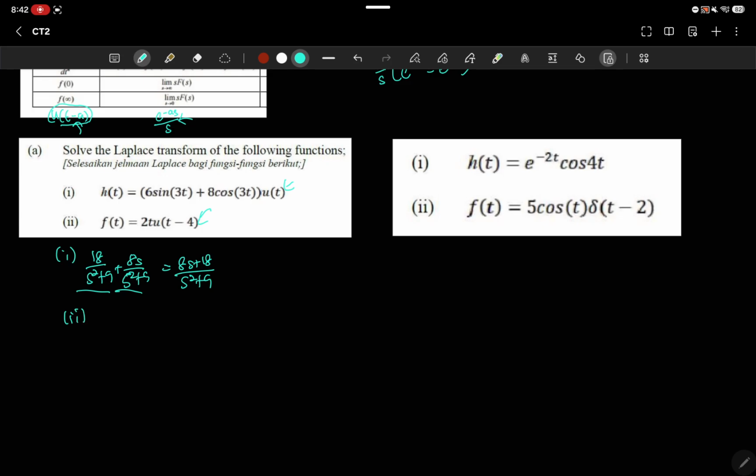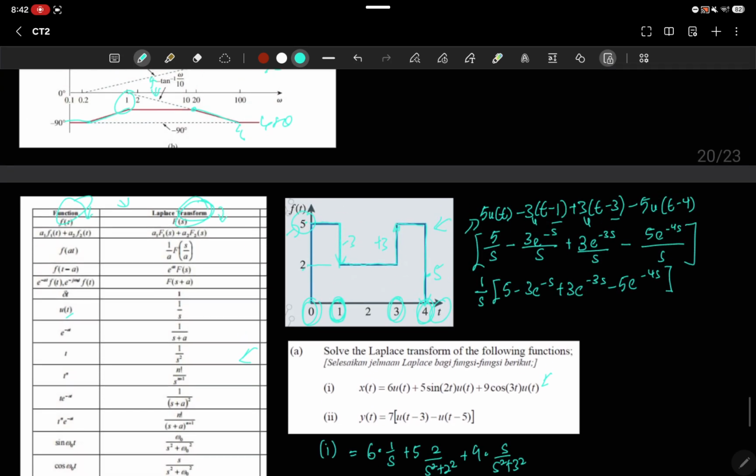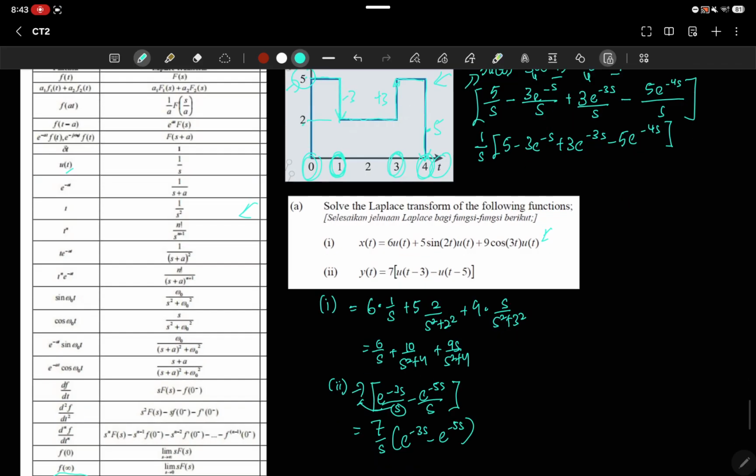The easiest method you can do is, we notice that it's t minus 4. See here, a function with t minus a becomes e to the minus as, and the function becomes a function of s. Now that specific function is a connection of two functions.